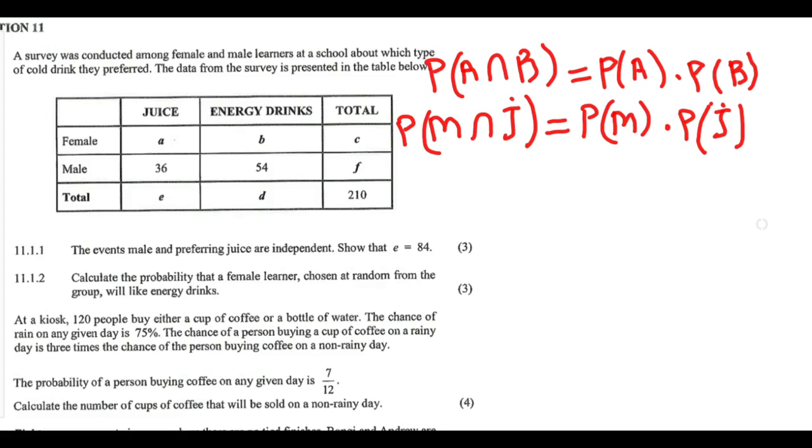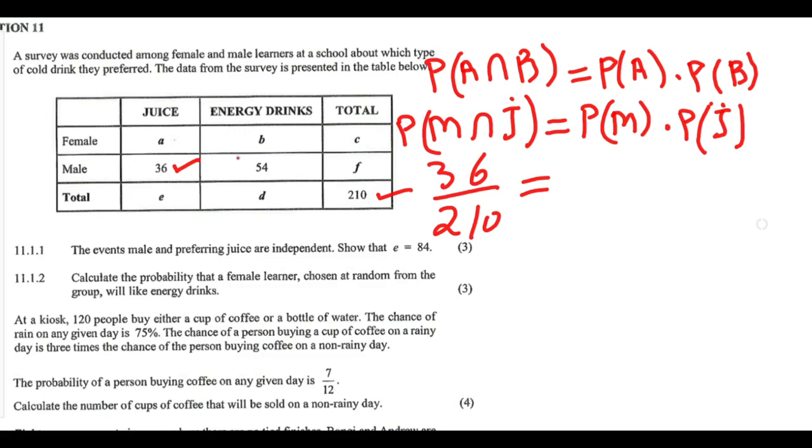From the table, the total number of learners is 210. So this is 210 total. So the probability of male intersection juice, which means male and juice, will be 36 because 36 is common to male and juice. So it's going to be 36 over 210, which is equal to the probability of male multiplied by the probability of juice. Now the P of M: we need to see the total number of male learners.